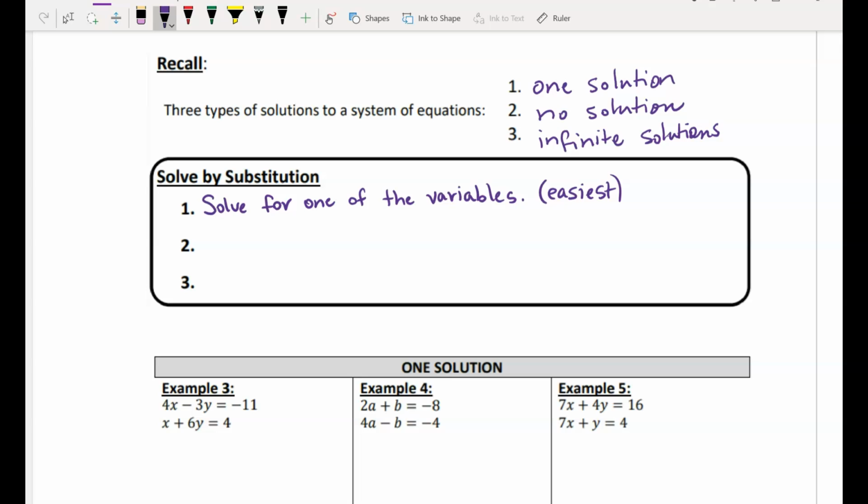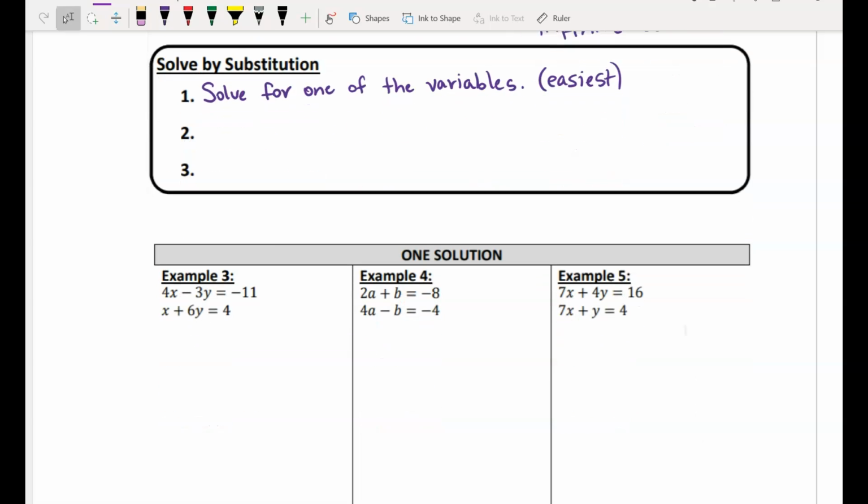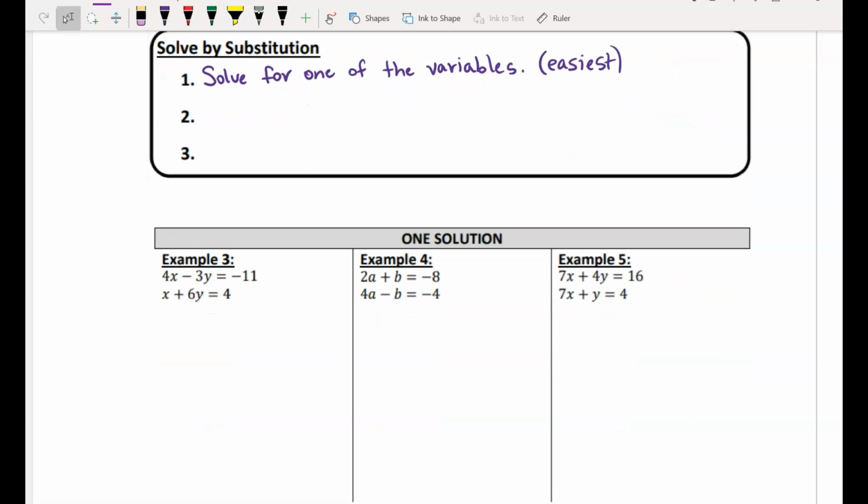We want to pick the easiest variable to solve for. So if we look at example 3, the easiest variable to solve for is this x right here, because the only thing that's happening to it is that it has a plus 6y. If we solve that for x, then we just subtract 6y from both sides and get x equals 4 minus 6y.